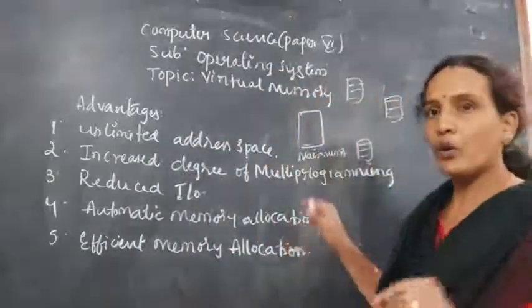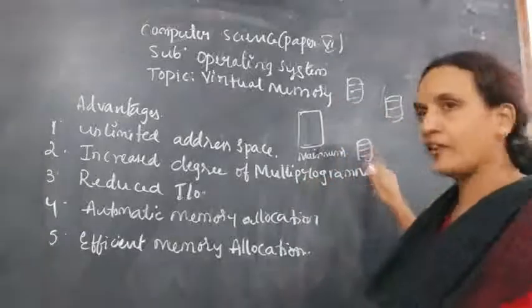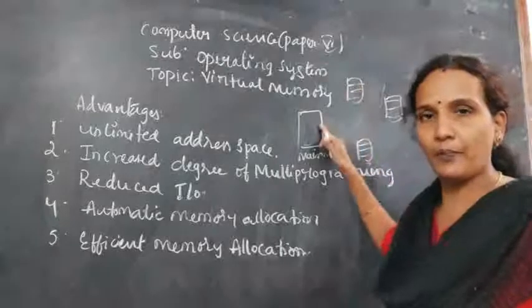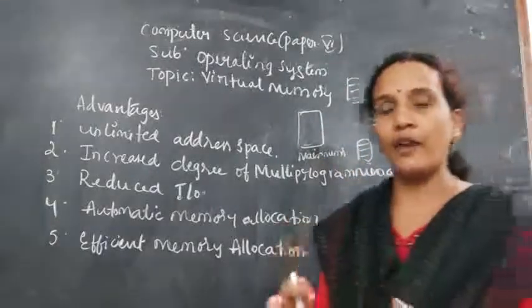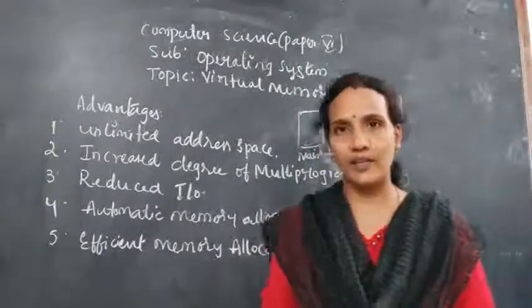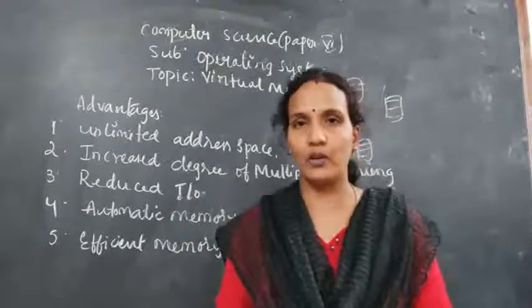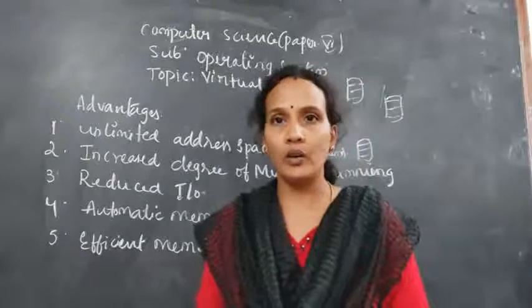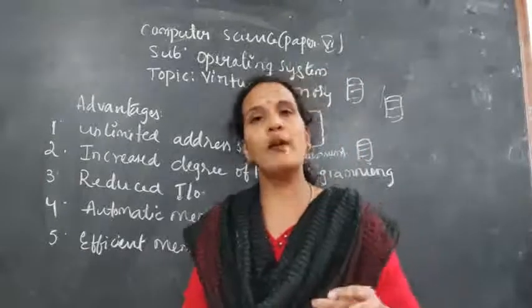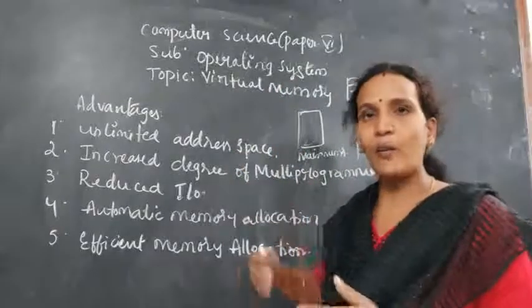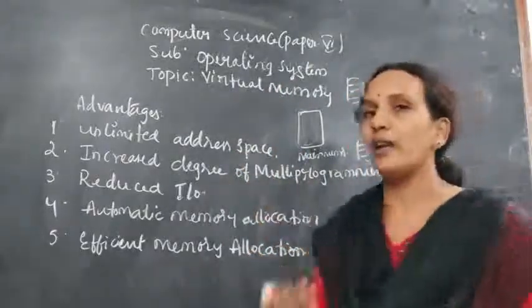So what happens, instead of loading all the pages from each and every process, we are loading only the required pages into the main memory. Instead of loading pages of only one program, you can load pages of multiple processes. So the degree of multiprogramming will increase.